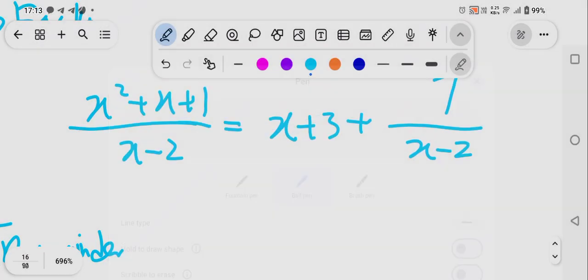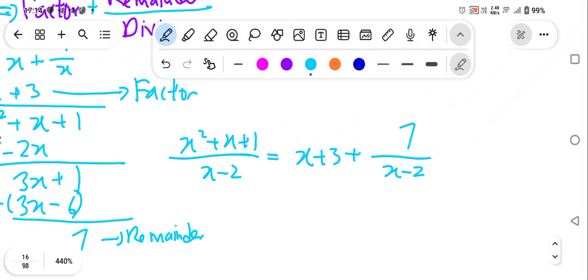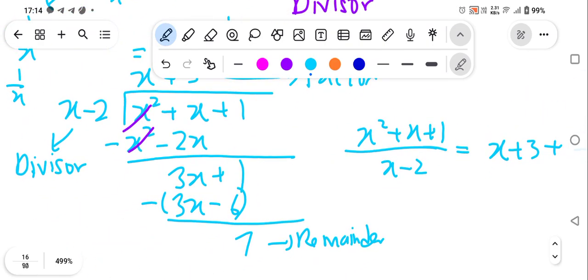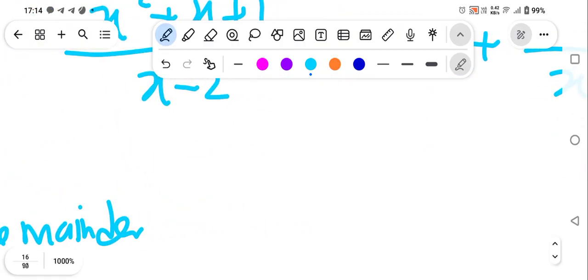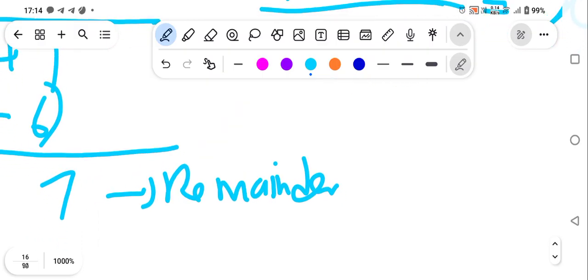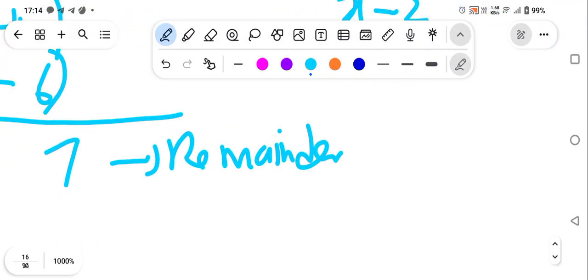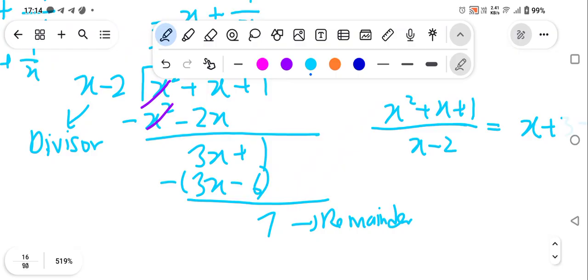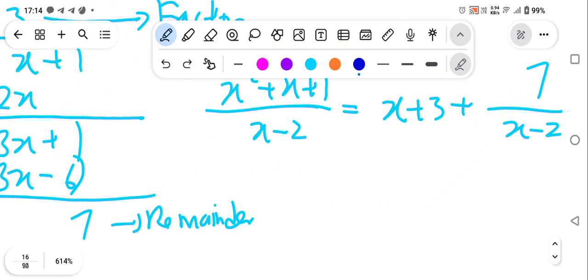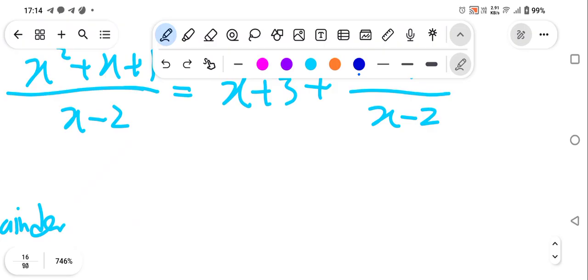So sometimes the remainder, not necessarily in this context, but in partial fractions, the remainder can vary. The remainder sometimes can be in terms of x. So I'm going to show you what a remainder actually is. What do you know about remainders?